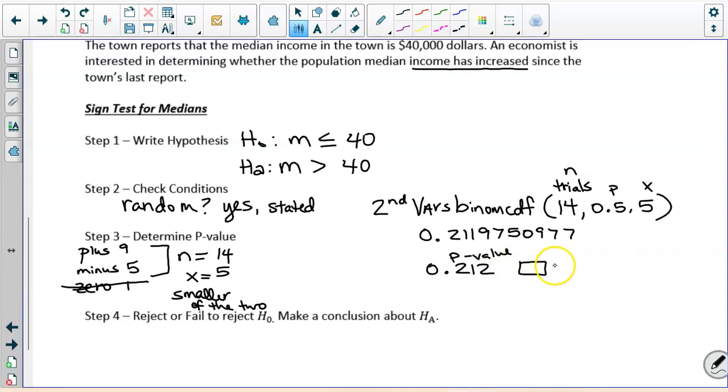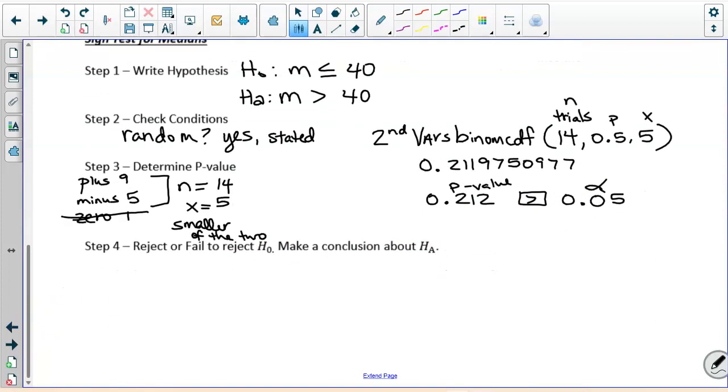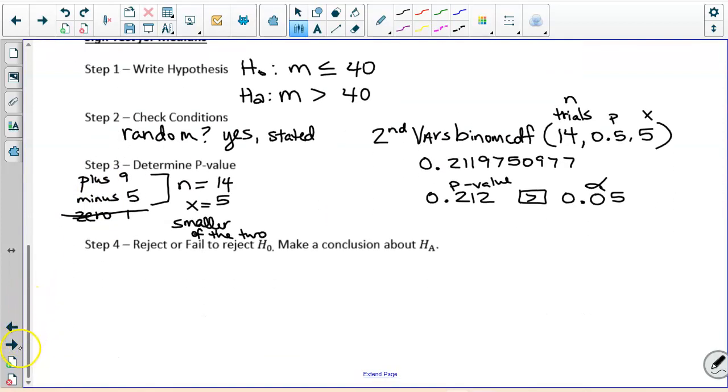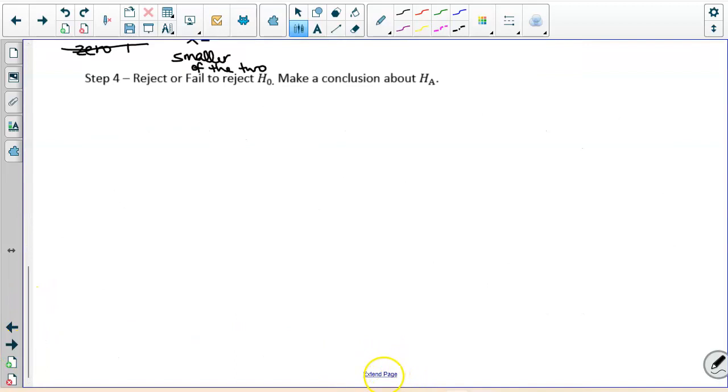I don't think I gave you an alpha, so when I don't give it to you, we typically use 0.05. So is that greater than or less than? Greater than. So if it's greater than, do we reject or fail to reject? Fail to reject. So we fail to reject who? The null, which is the claim, right?